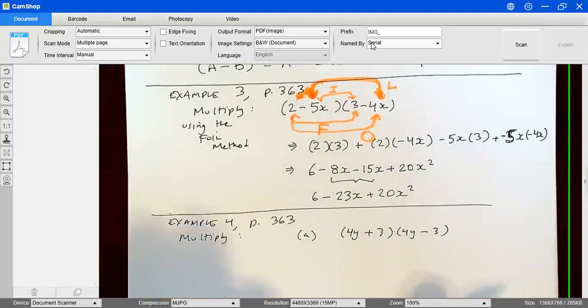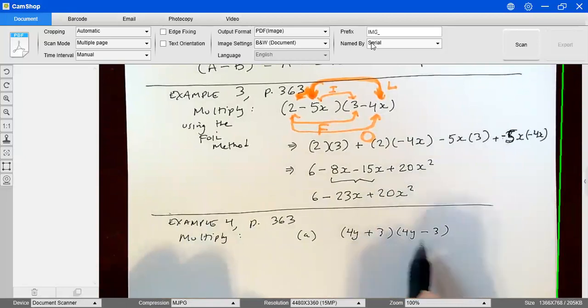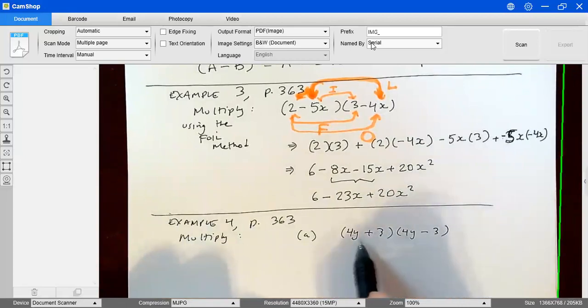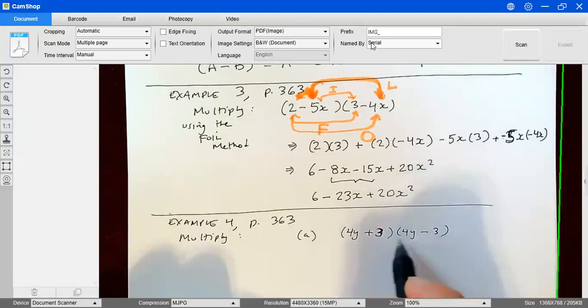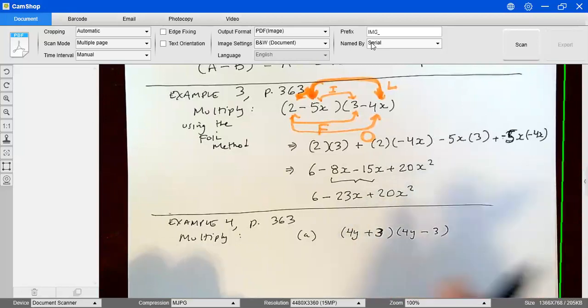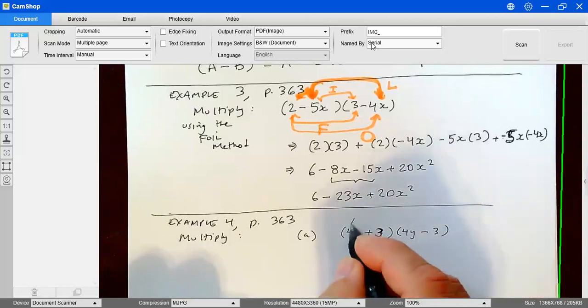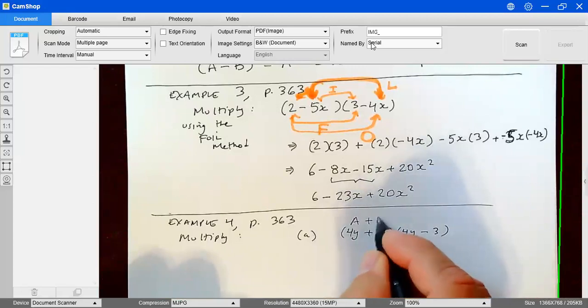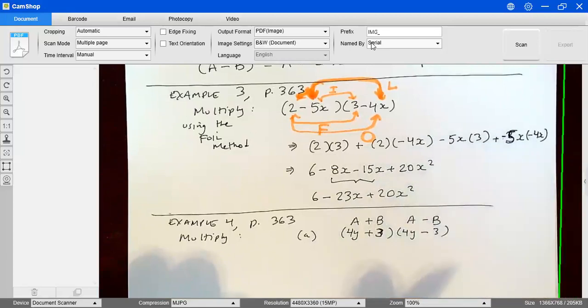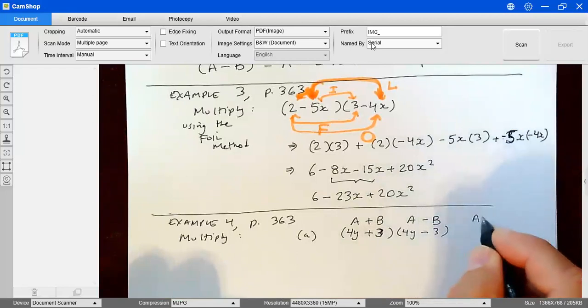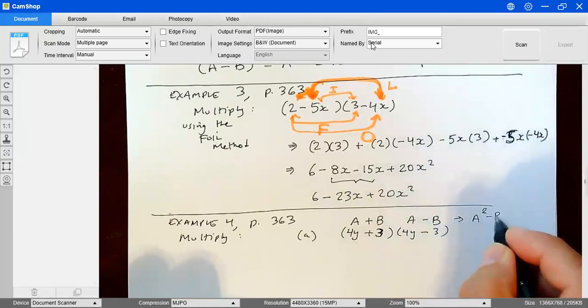You check the first and the second binomial, and you see that the first term of each is the same, and the second term of each differs only in sign. So this is like having (a plus b) and here (a minus b). The formula is very simple. We're going to find a squared minus b squared.